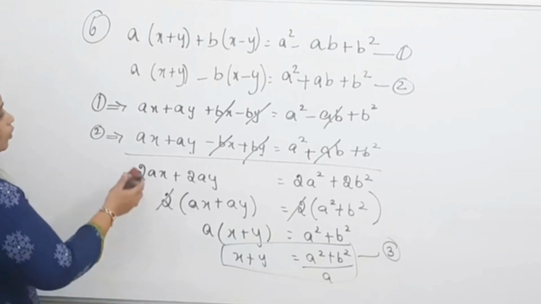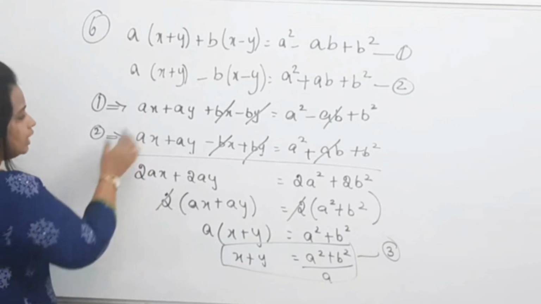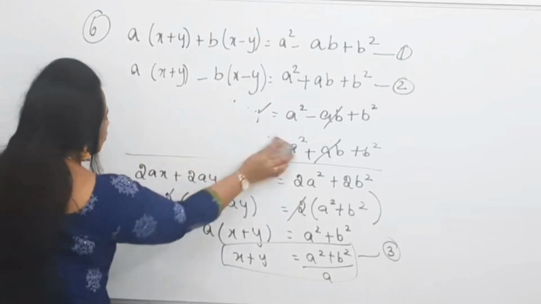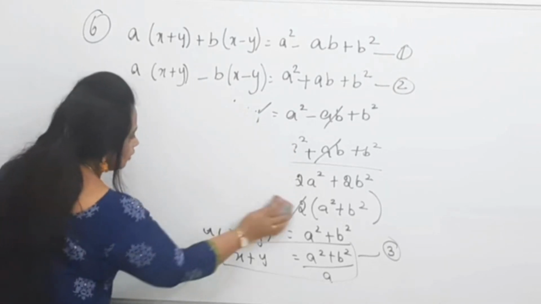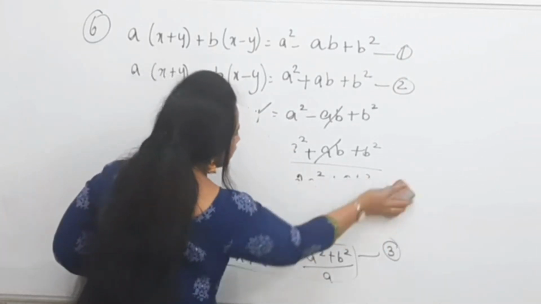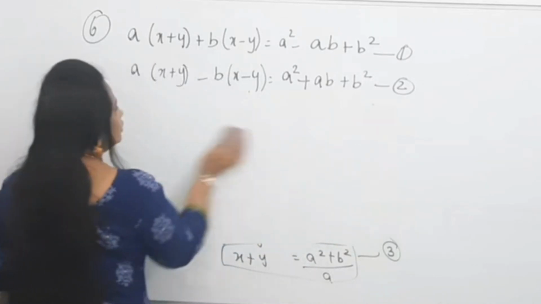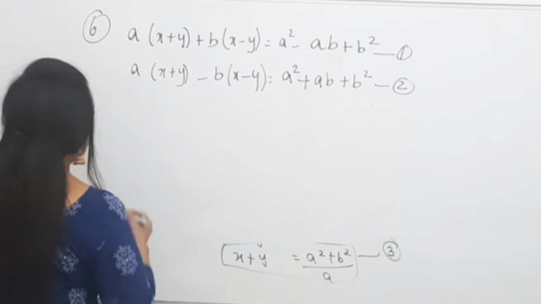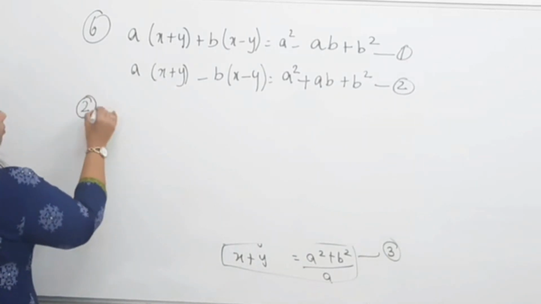Now again I'm going to subtract these two equations. I just added, now I'm going to subtract. So I will keep this equation as it is, and for the other, I go for multiplication.